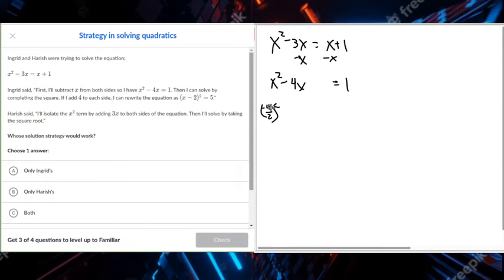That's negative 2 squared, which is 4. So we'll add 4 to both sides. We did this before. And we'll end up with x minus 2 squared equals 5. And then, of course, we can take the square root and add 2 and get our solution. So this one looks good.